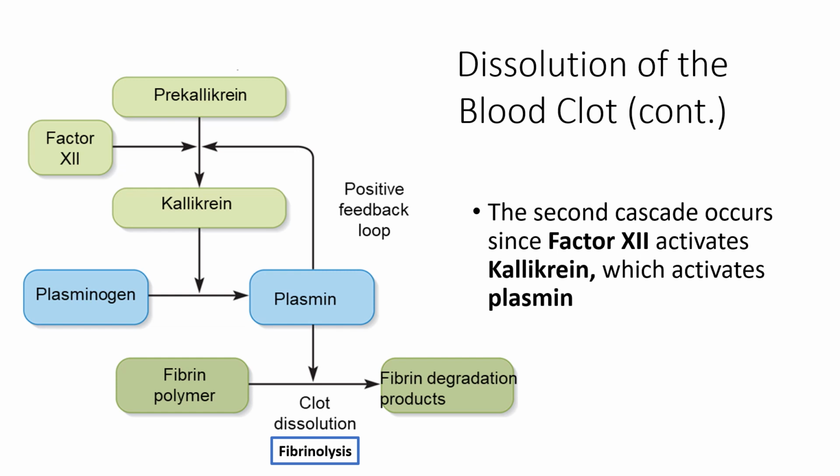So in this second cascade, Hageman factor 12 is going to activate a protein called kallikrein from prekallikrein. So it activates prekallikrein to make it into kallikrein. Kallikrein will then cleave the plasminogen, forming the activated plasmin.